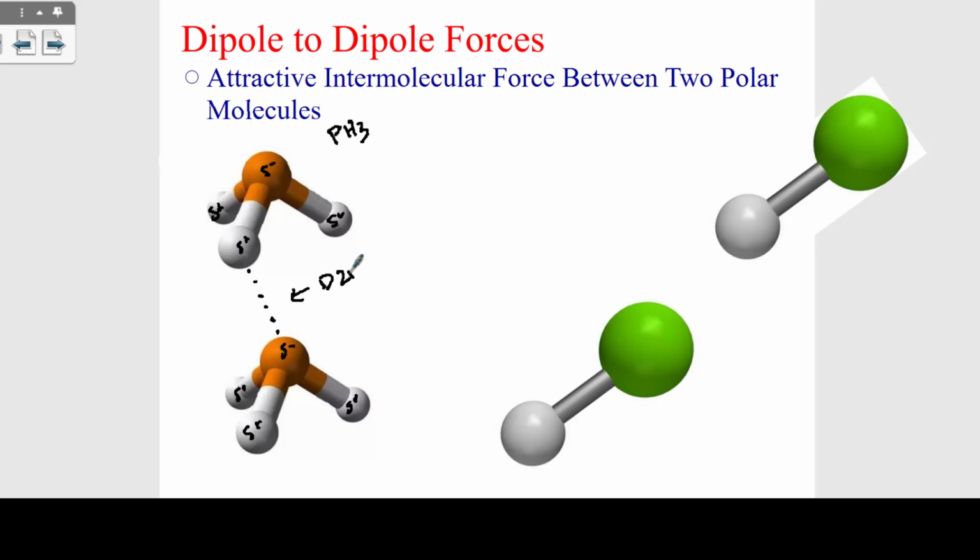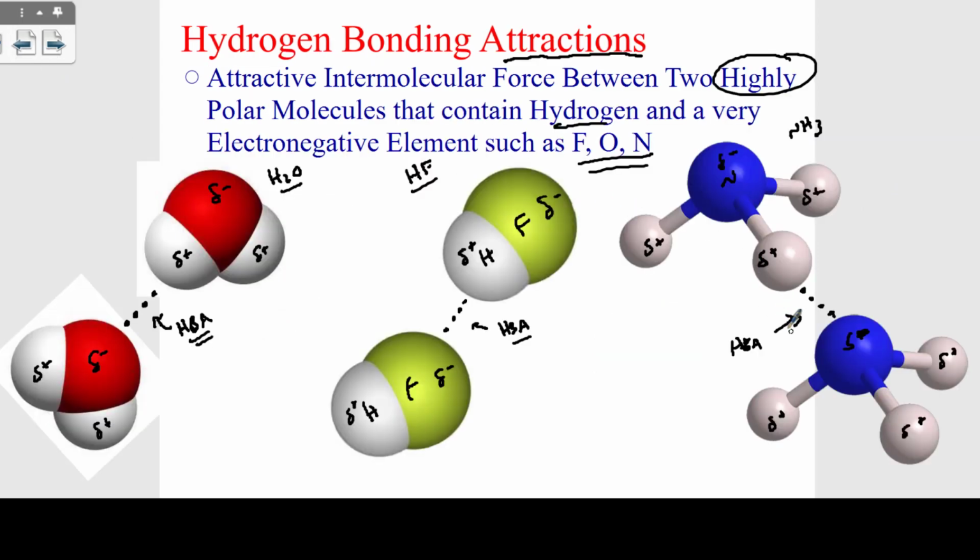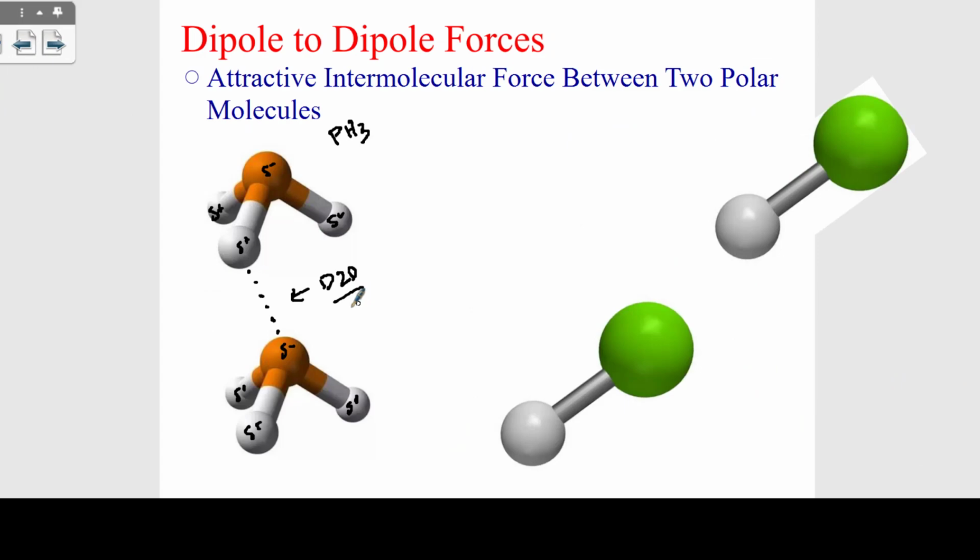It's called a dipole-dipole force of attraction, which means it's going to take relatively less energy to break this attraction than to break the hydrogen bonding attractions of NH3, because it's not as strong of an electronegativity difference, which means it's not as polar of molecules.